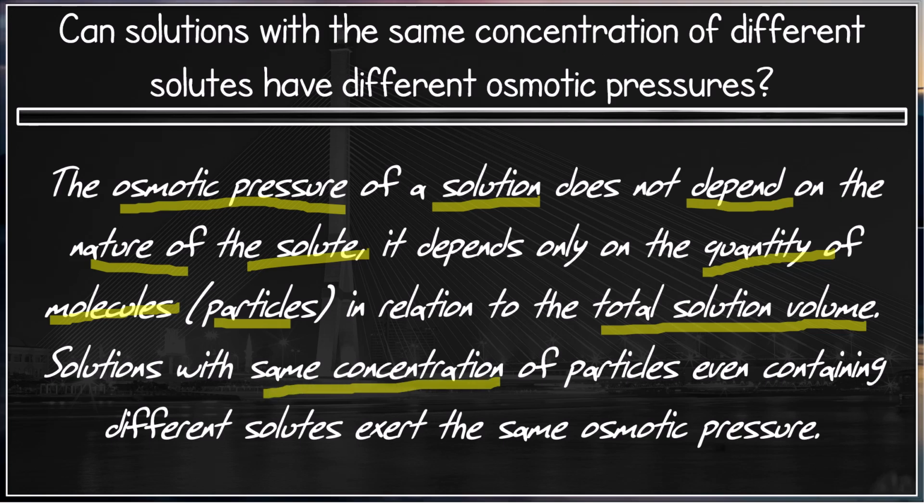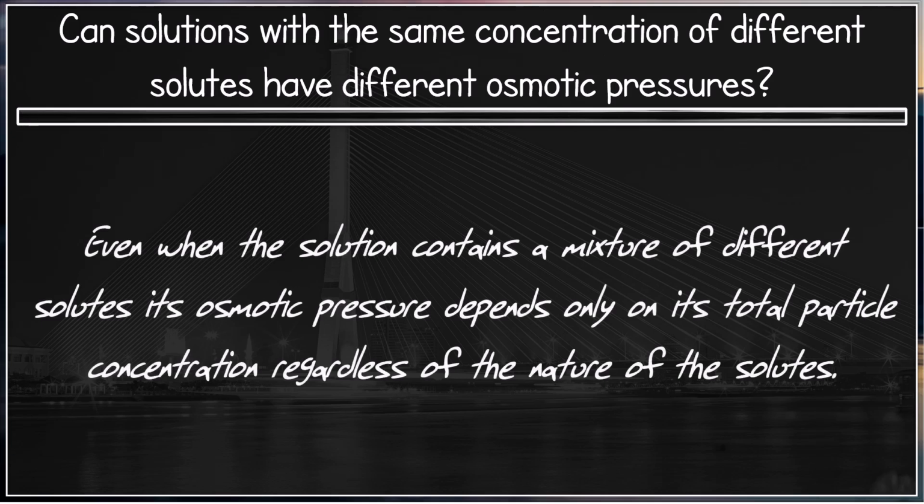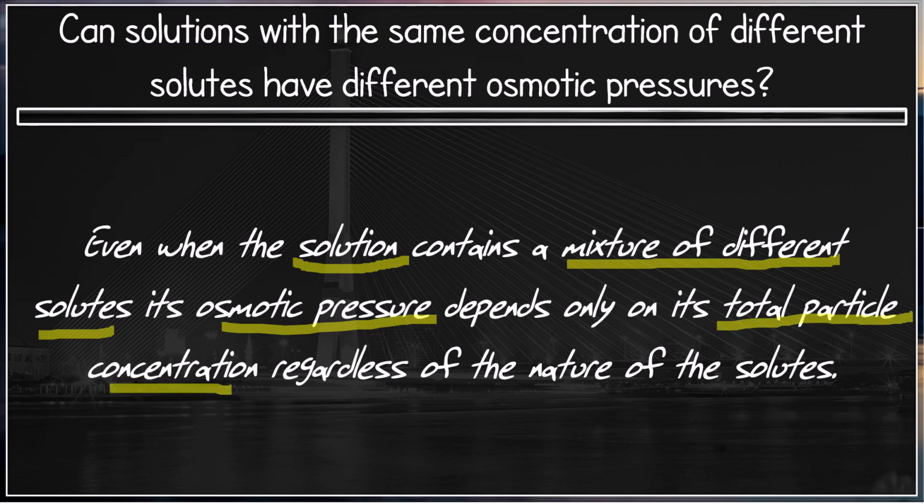Solutions with the same concentration of particles, even containing different solutes, exert the same osmotic pressure. Even when the solution contains a mixture of different solutes, its osmotic pressure depends only on its total particle concentration, regardless of the nature of the solutes.